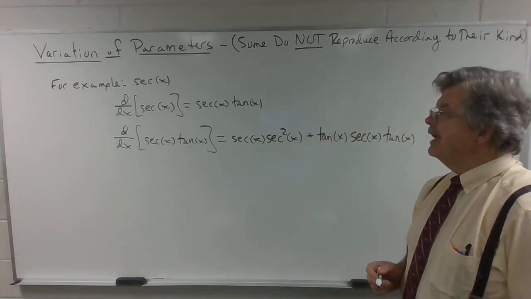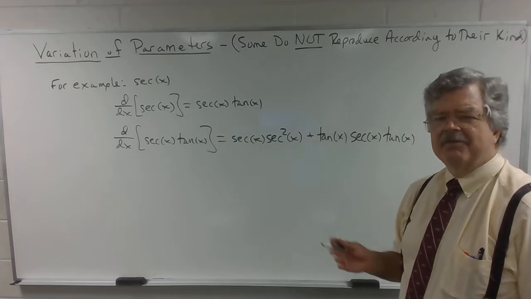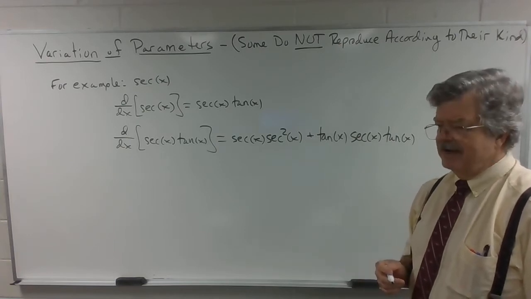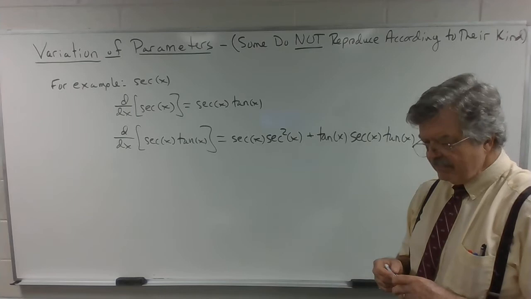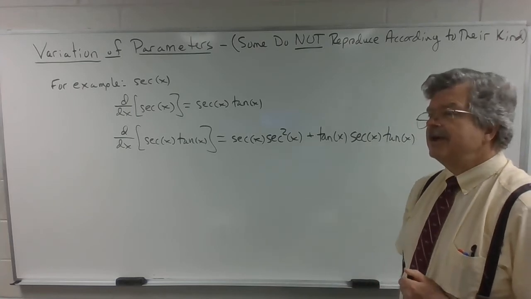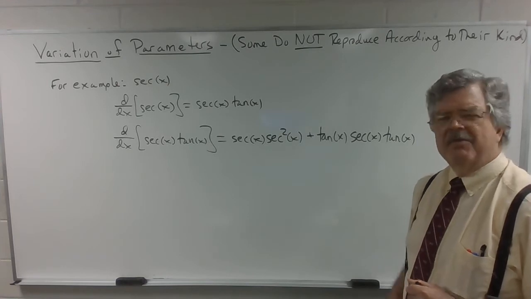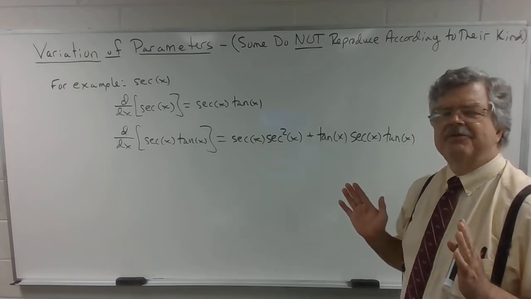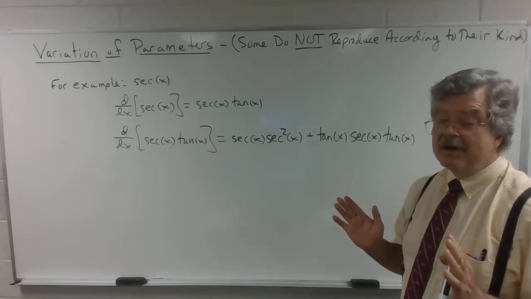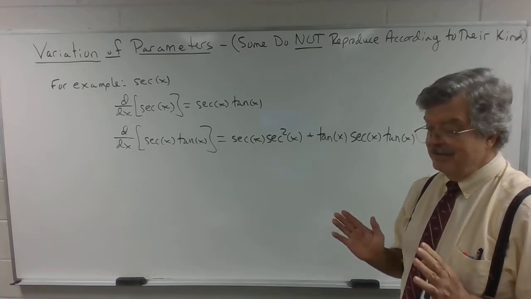So this is an example of a function that does not reproduce according to its kind. So we're going to illustrate how to solve a differential equation when the right-hand side is one of those troublemaking functions that doesn't reproduce according to its kind.